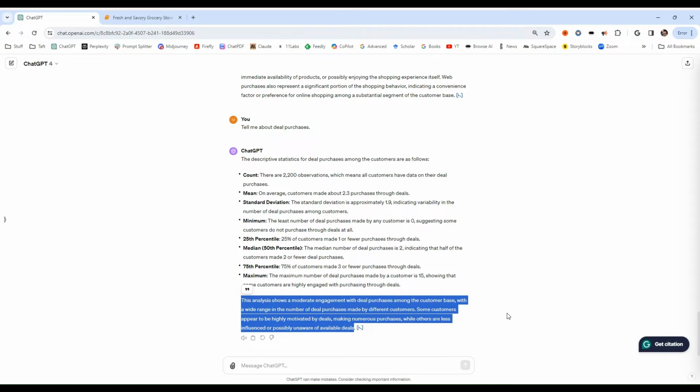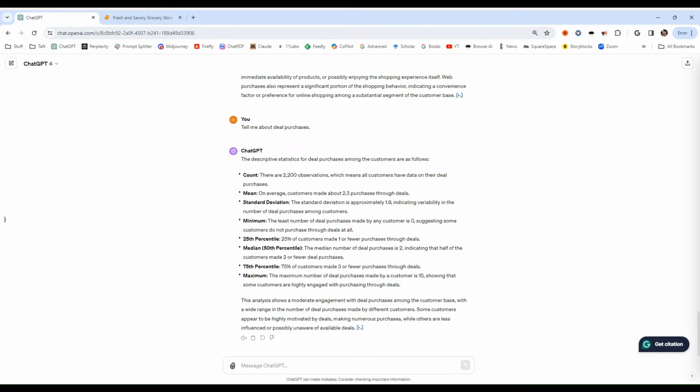This analysis shows a moderate engagement with deals purchases among our customer base, with a wide range in the number of deals purchased made by different customers. Some customers appear to be highly motivated by deals, making numerous purchases, while others are less influenced or possibly unaware of available deals. Hmm, maybe this is something that can eventually help us in our customer segmentation.